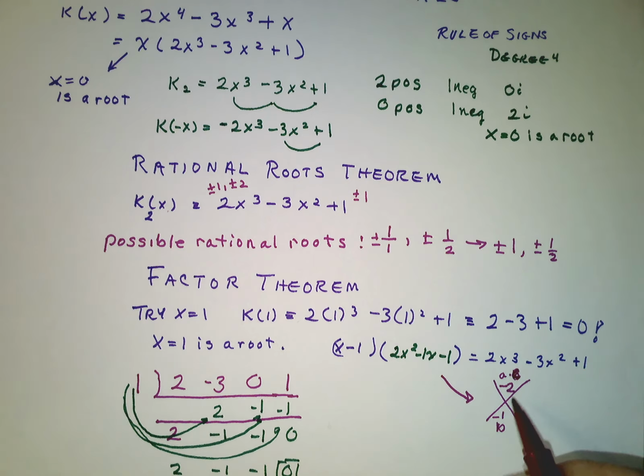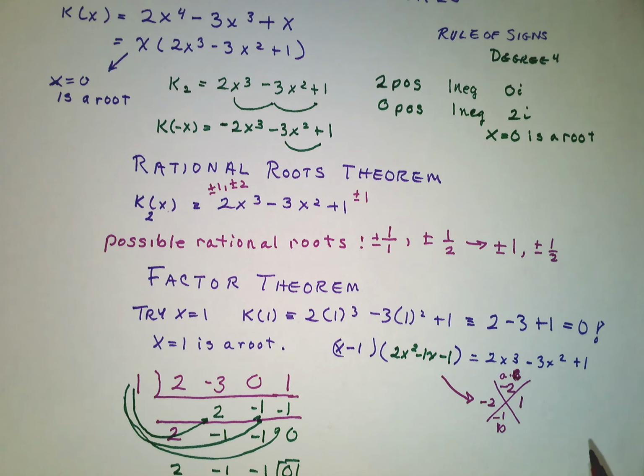We're looking for two numbers that multiply out to -2, add up to -1. Well, maybe a -2 and a +1. They multiply out to -2. They add up to -1.